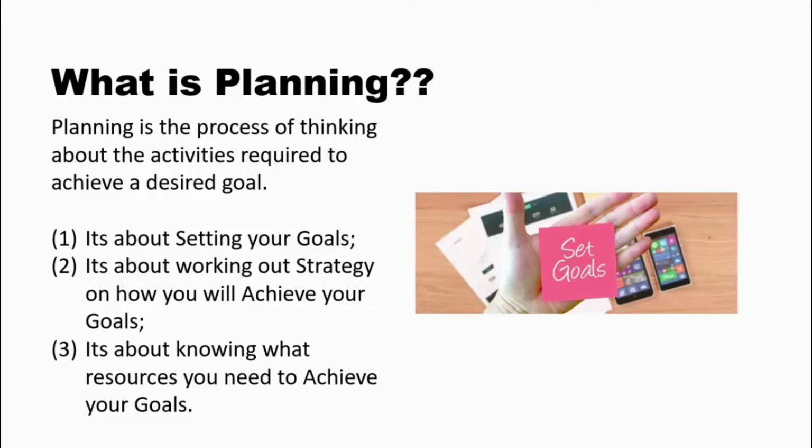Goals are usually long term, but you may also have short or medium term goals. It's all about you sitting down to set those goals. Then the next thing about planning is working out a strategy of how you achieve those goals. And lastly, what resources will you need to achieve those goals? So there are three important aspects of any plan: first setting your goals, working out a strategy, and determining the resources that you need to achieve those goals.